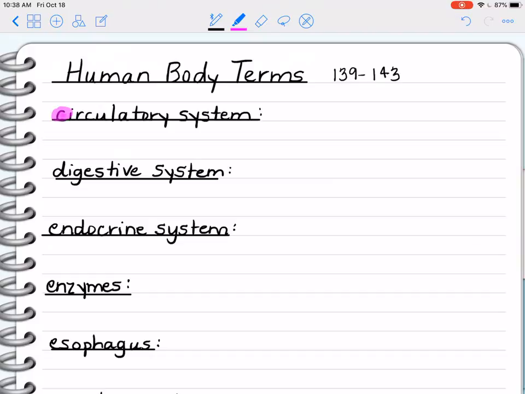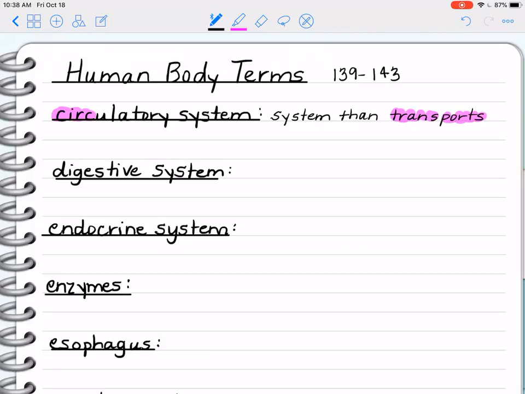Okay, we're starting off with a morpheme. That is circ. The circulatory system is a system in the human body that transports. There's another morpheme that I think we already have. Trans is across. Port is to move.